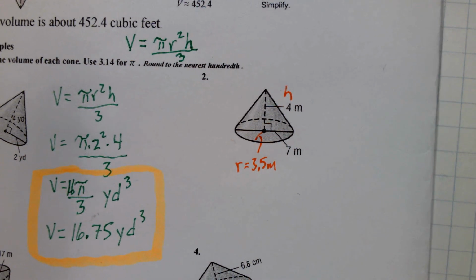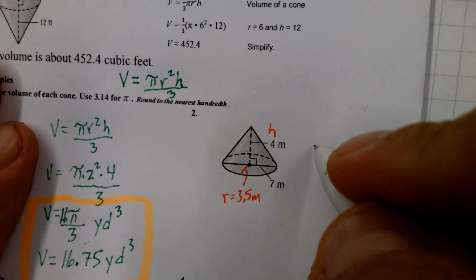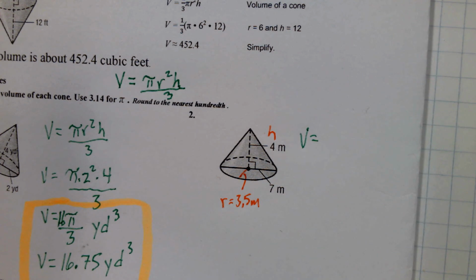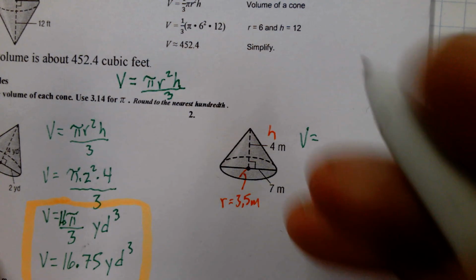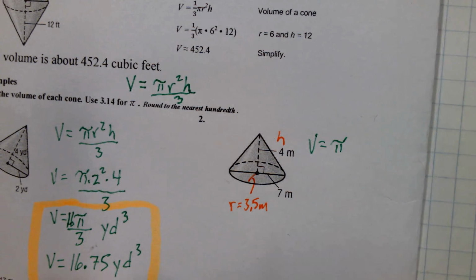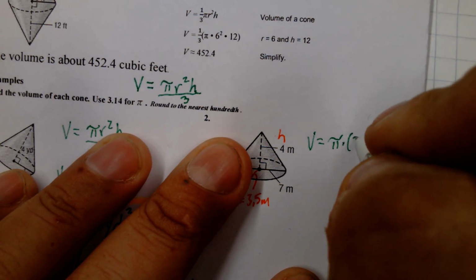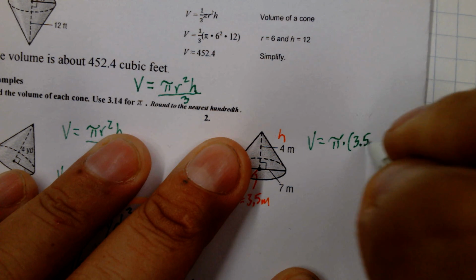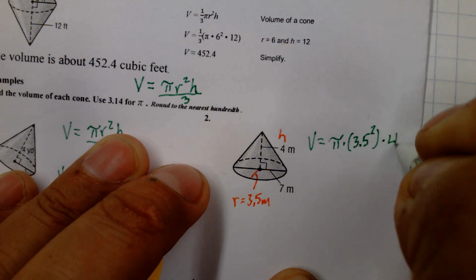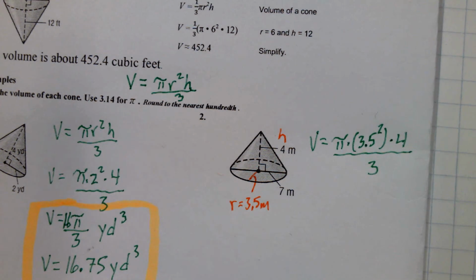So let's use 3.5 for the radius, and let's plug it in. So we want the volume, plug in, leave pi as pi, so it stays pi, but we want 3.5 squared. We're going to multiply it times 4, and then we want a third of that.